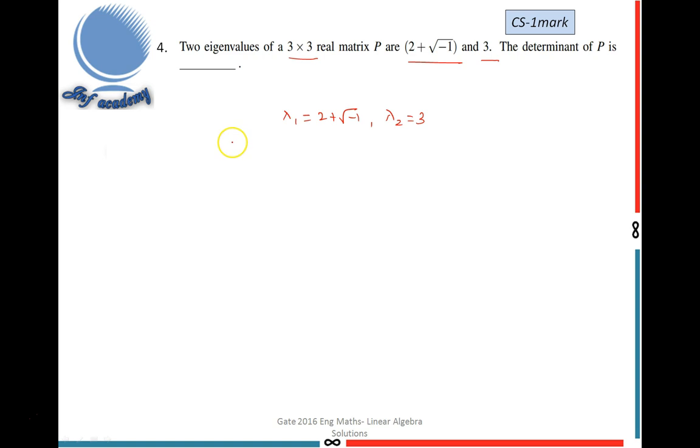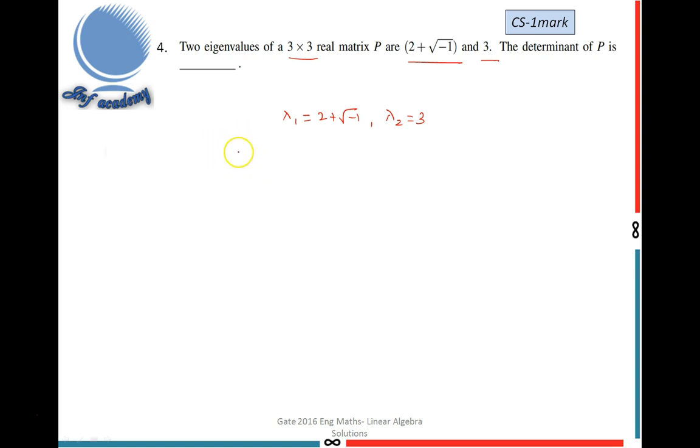Suppose you solve one equation and you get one complex root, then the conjugate of that complex number is also another root.